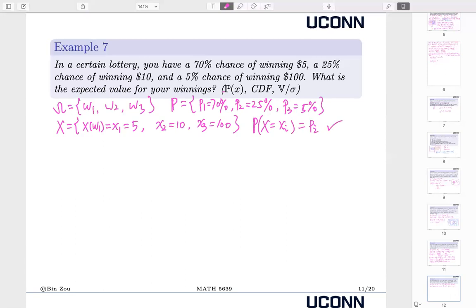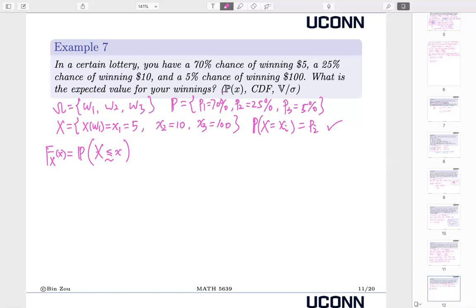Okay, CDF. CDF stands for cumulative distribution function. The definition is the probability that the random variable X is less than or equal to x. So here, less than or equal to, okay?